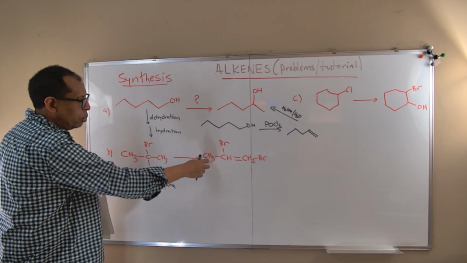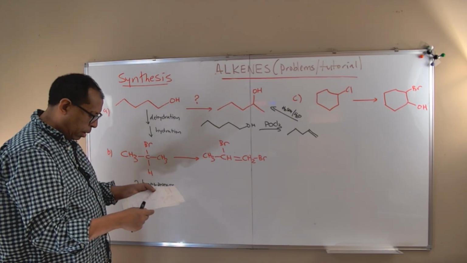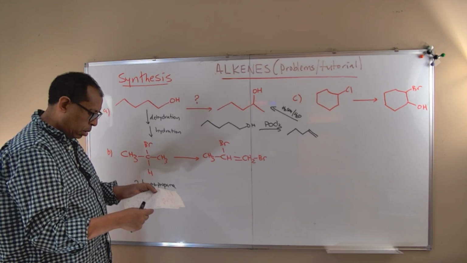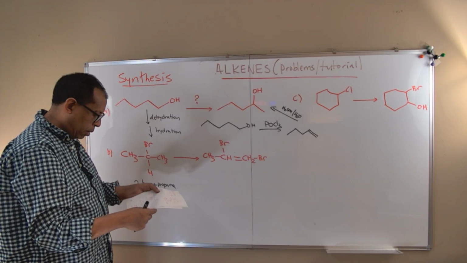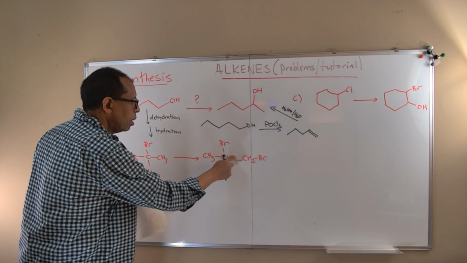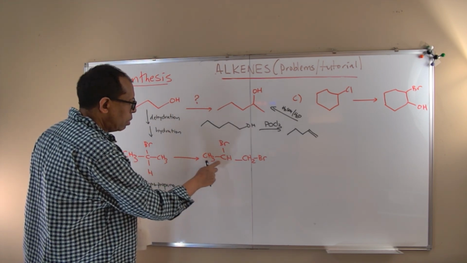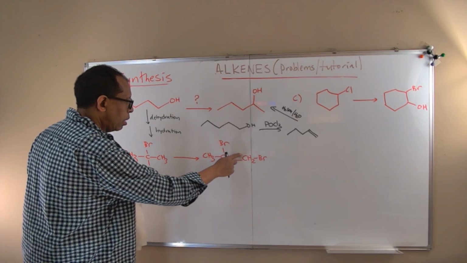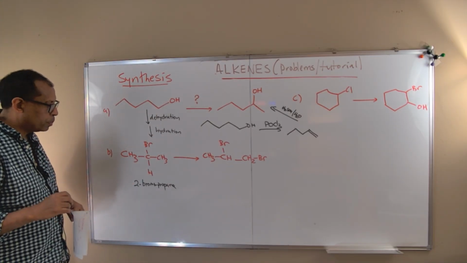But here you would see a compound that has a dibromo group. It is 1,2-dibromo, on carbons 2 and 3. That's how it is. So how do you make that compound is the question.